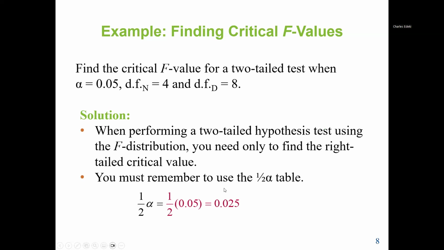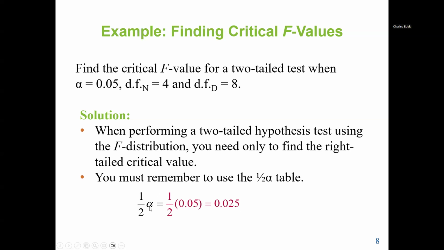So you must remember to use the half alpha table. Half alpha equals half of 0.05, so that gives us 0.025. Again, if we divide 0.05 by 2, we get 0.025.